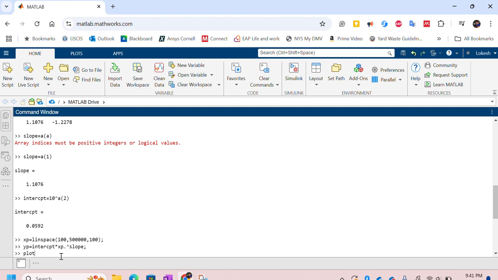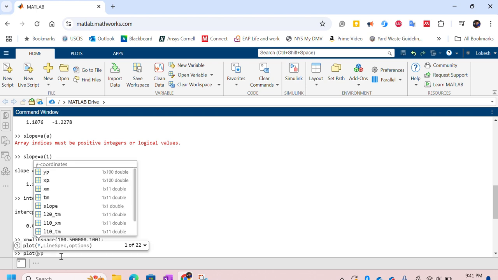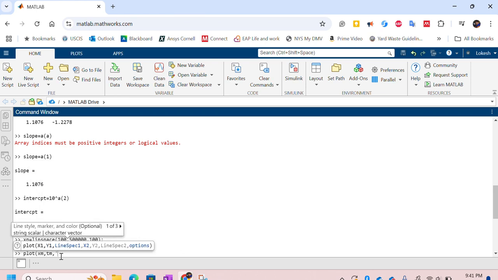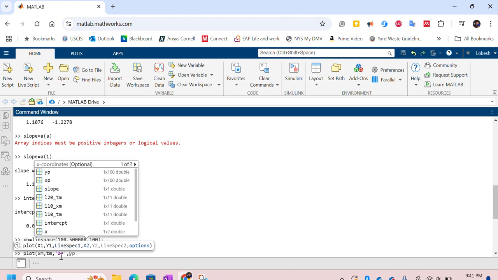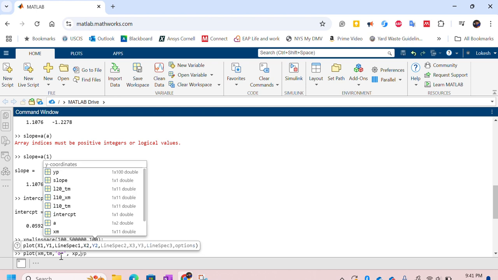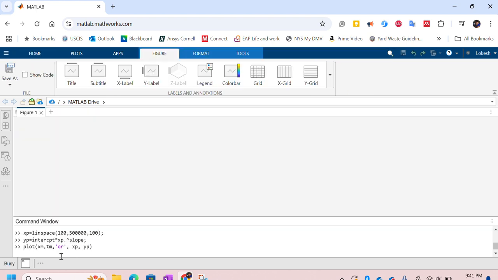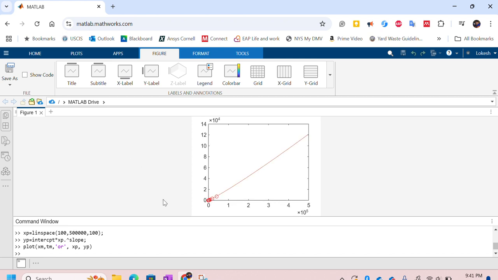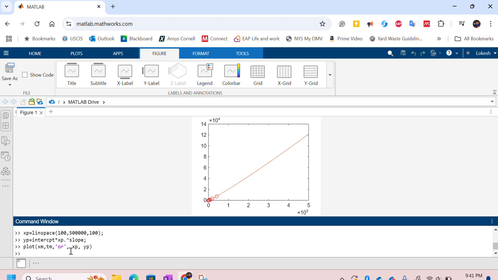If I plot these against my original xm and tm and give them the red dots and show them in comparison to xp and yp, how does that look like? That looks like this. So what I should do instead is I should show them on the log plot. So I'm just going to change this to log, but see my xp is really high.